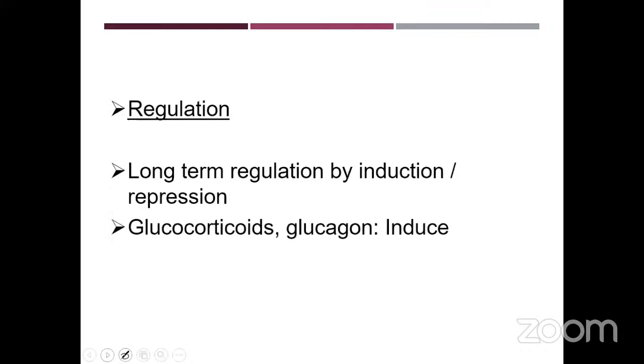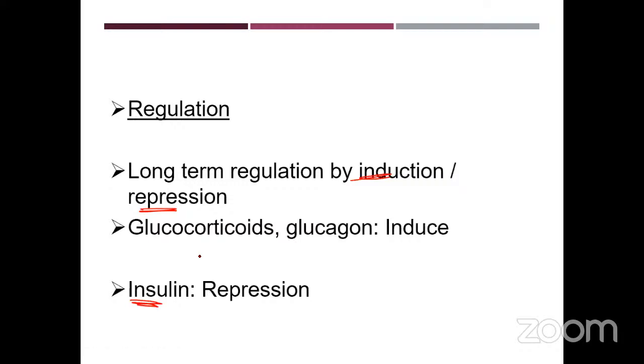Regarding the regulation of gluconeogenesis, it is by induction or repression, which is with the help of hormones. When we discussed glycolysis, the main hormone which favors glycolysis is insulin. Gluconeogenesis occurs in the opposite condition.